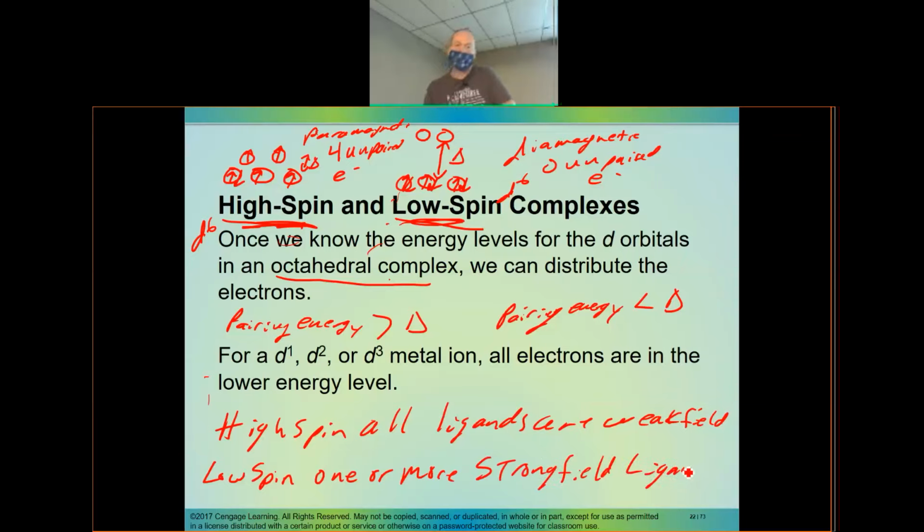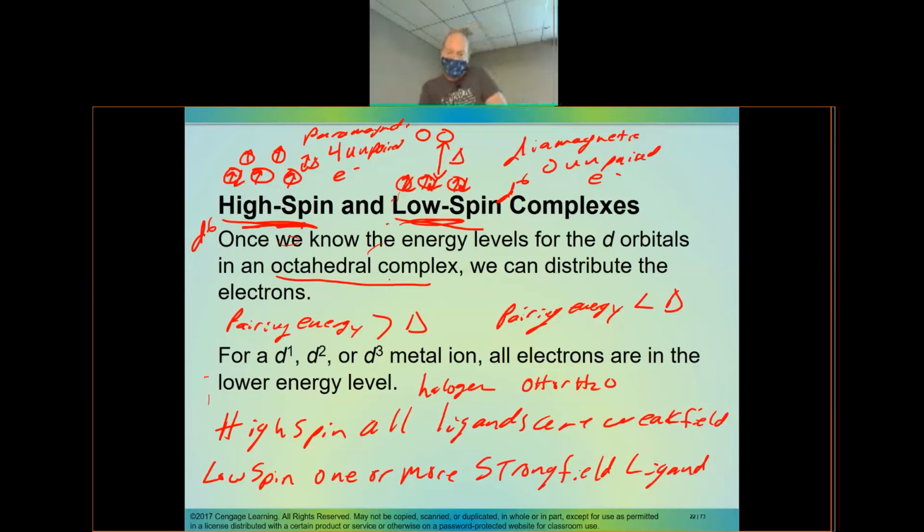All right, now the weak field ligands, these are your halogens and oxygen. So halogen, whether it's a fluorine, chlorine, bromine, iodine, any halogen that's attached is a weak field ligand. If you have an oxygen attached in the OH or your H2O, those are weak field ligands.